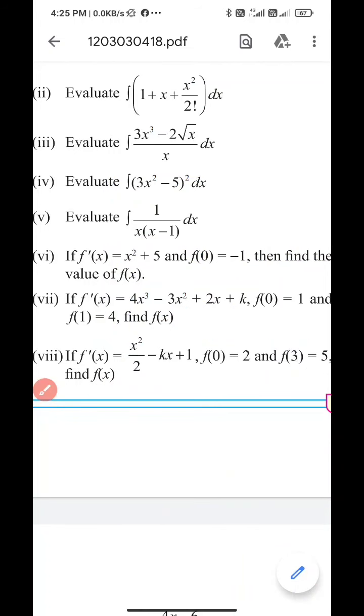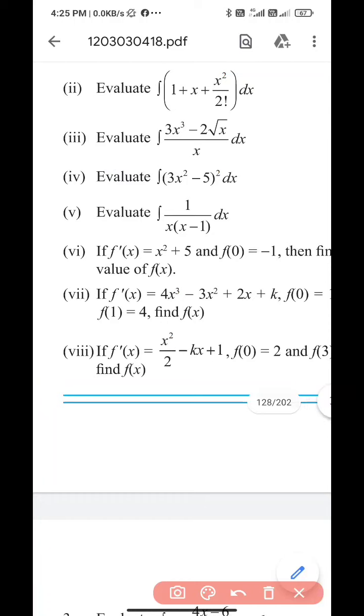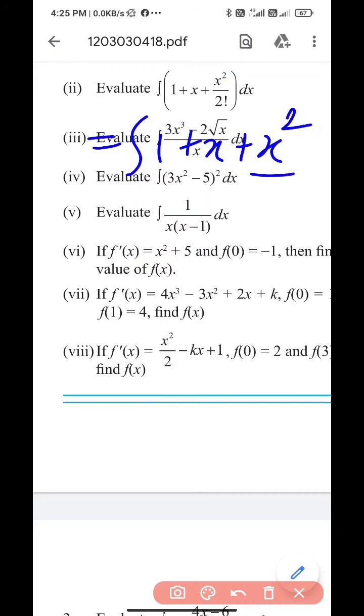So I'll just explain. It is the integration of 1 plus x square divided by 1 into 2, which is 2 only, the whole bracket multiplied with dx.